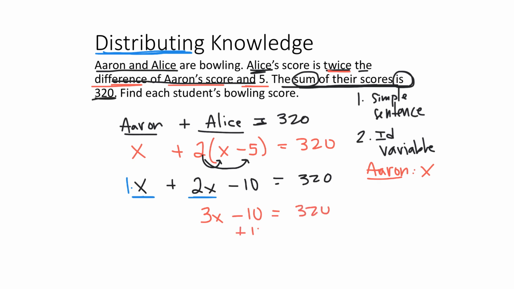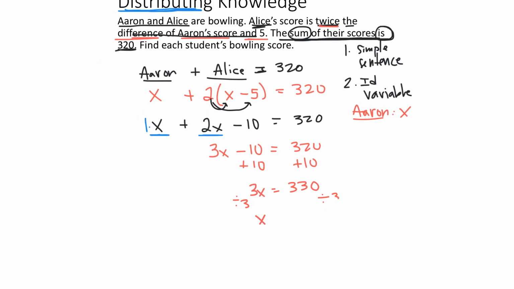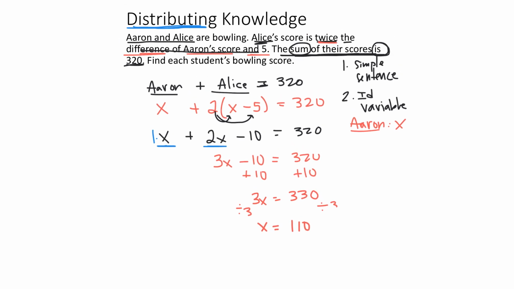We can add 10 to both sides so that we can continue to solve. That gives us 3x is equal to 330. Then we can divide by 3 on both sides, and that gives us x is equal to 110.